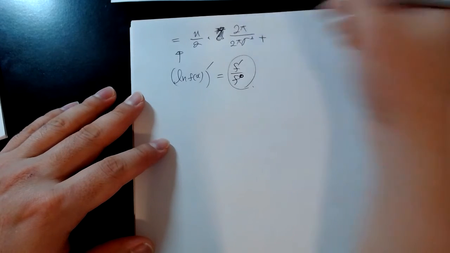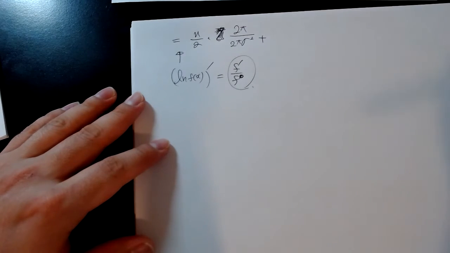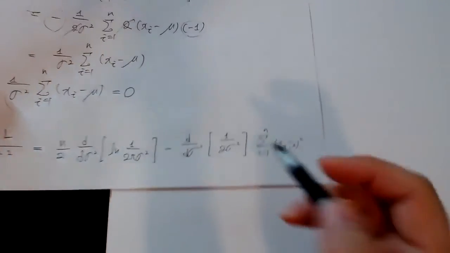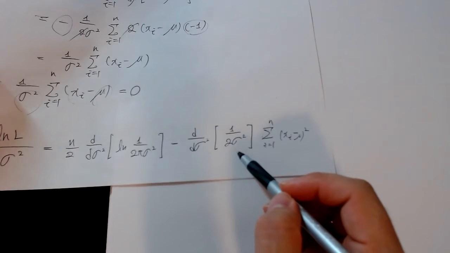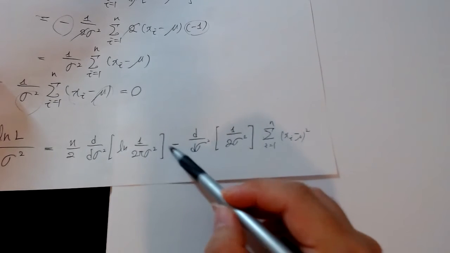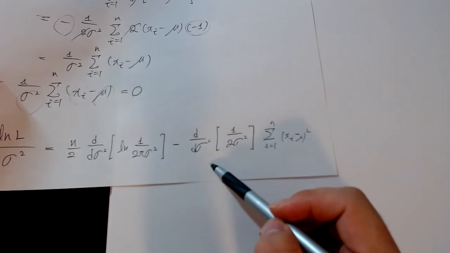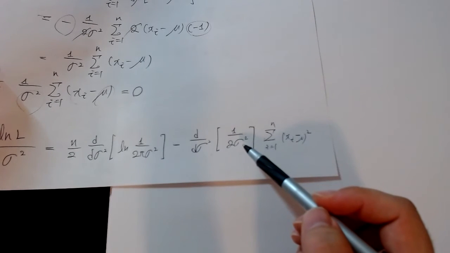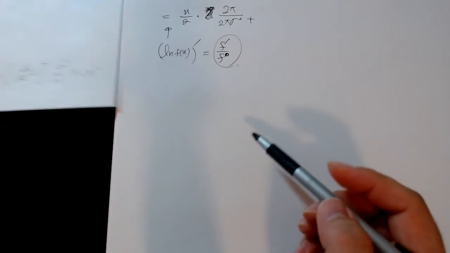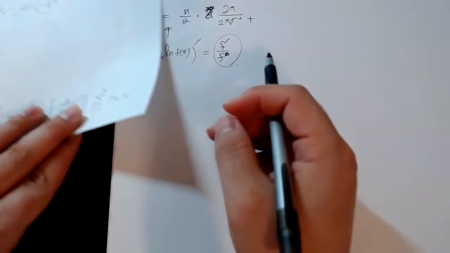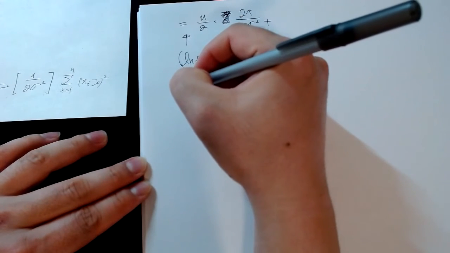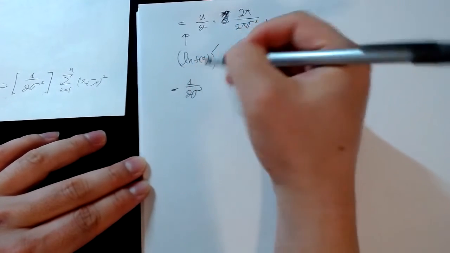Now the plus. So now plus 1 over. Here, when you take a derivative with respect to sigma square, we're going to get one more negative sign. And then 1 over, and then what? 2 times sigma to the fourth power. So, negative 1 over 2 sigma square.